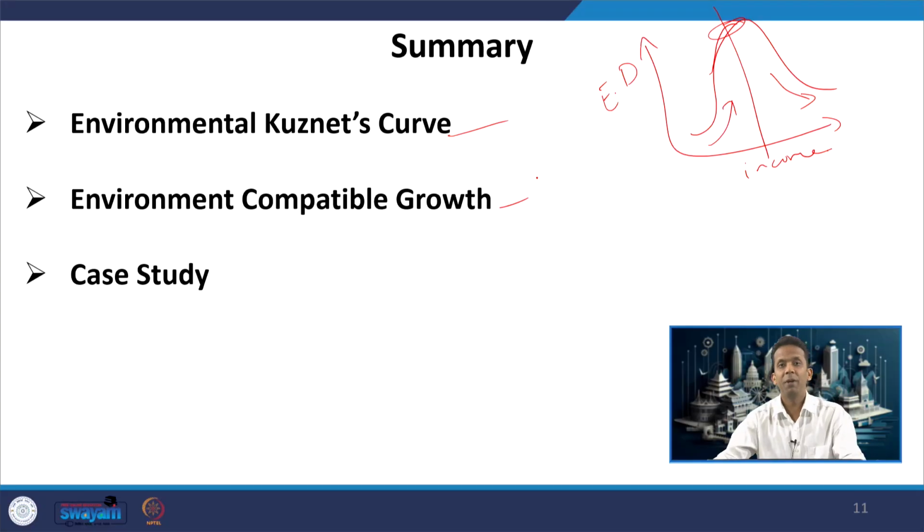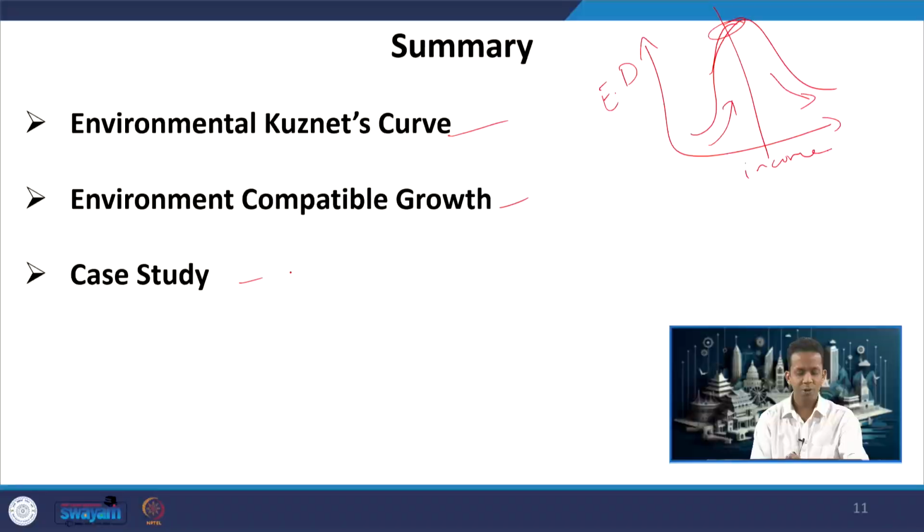On environmental compatible growth, we saw how it is different from traditional growth, and with the help of a case study of Gujarat Solar Park, we understood that economic growth and environmental protection can go hand in hand. And that was the crux of this entire course, where we do not ask businesses or corporates or industries or any firm to stop or slow down their economic growth in the name of environmental protection.